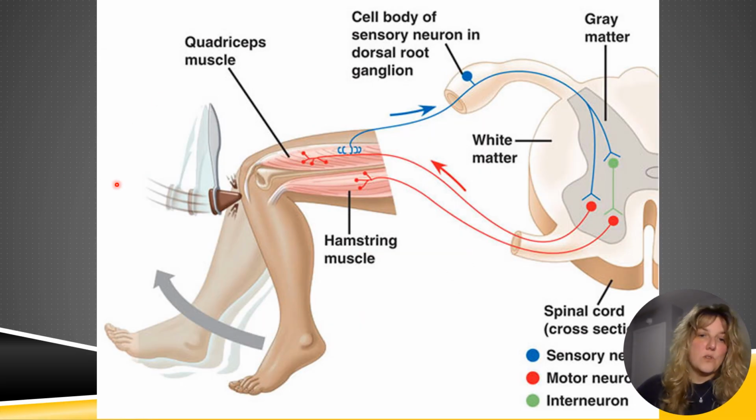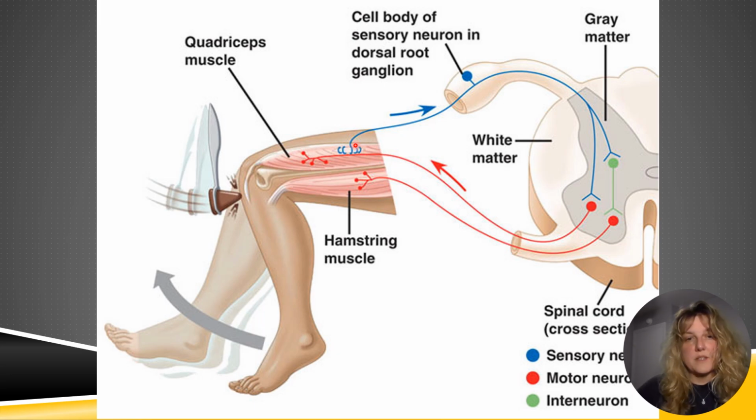Now, if you've ever had someone use the reflex hammer on your knee, they're trying to assess your response to a muscle being stretched. So when that hammer comes in and hits, it's hitting on a tendon. And that tendon, because you're pushing on it, actually forces that quadricep muscle to push down, right?